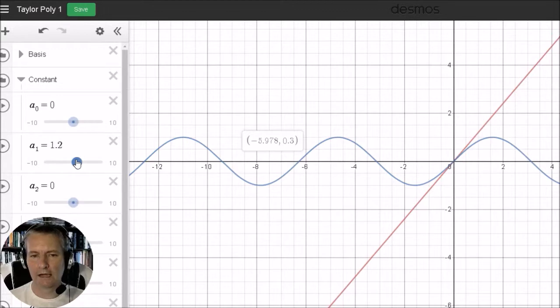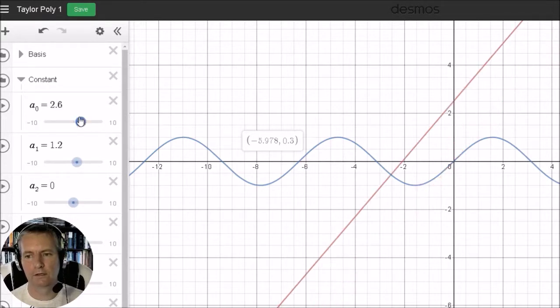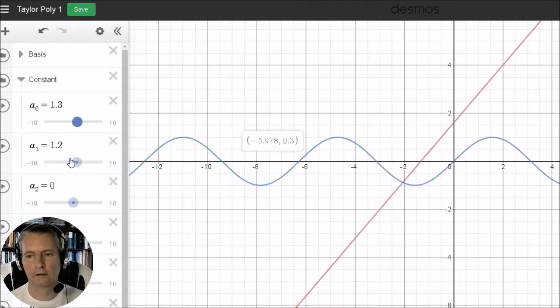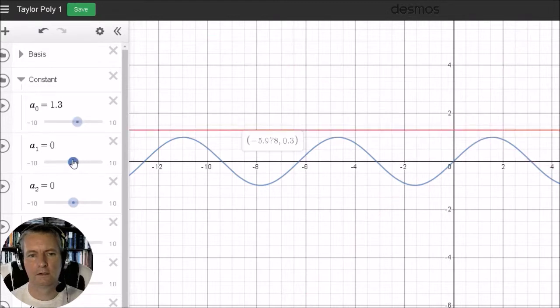Well, in this case the m is just a constant, a1, so we just have y equals a1x, and the plus c would be this term here if we were to turn this on, and we would just have y equals mx plus c, which is just a line. Okay, so that would be our first approximation here with a constant. That would be our second approximation.